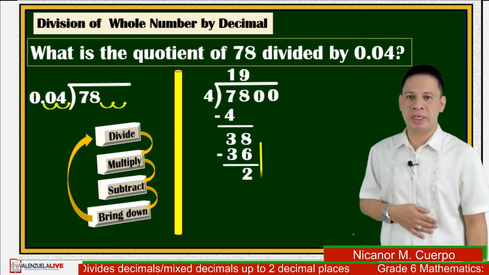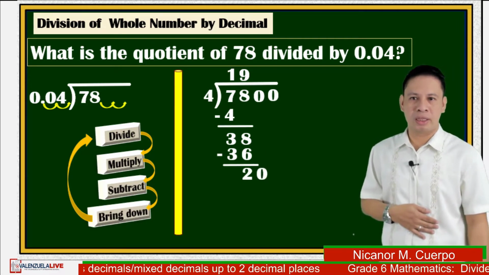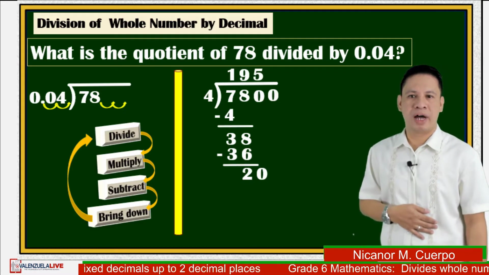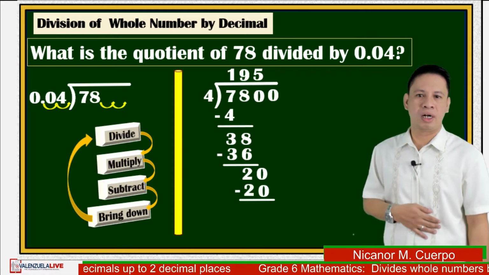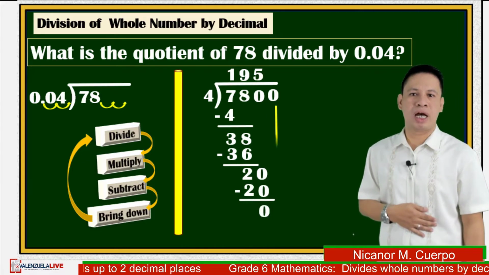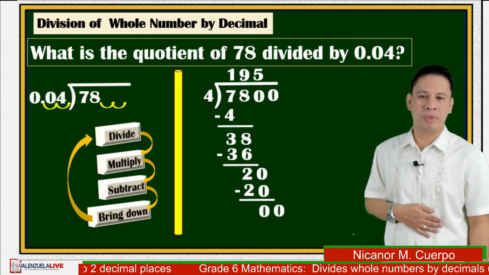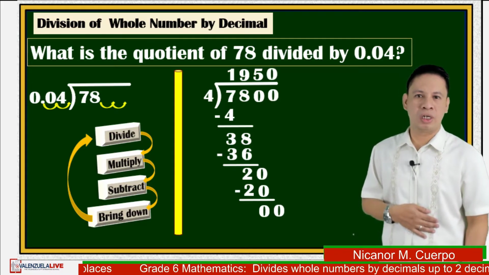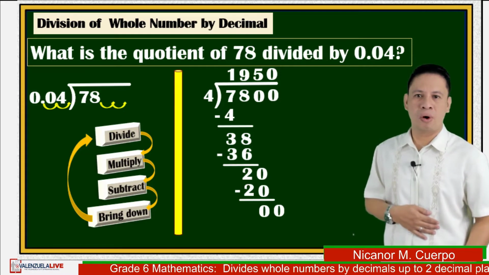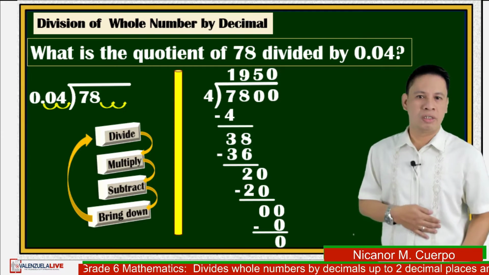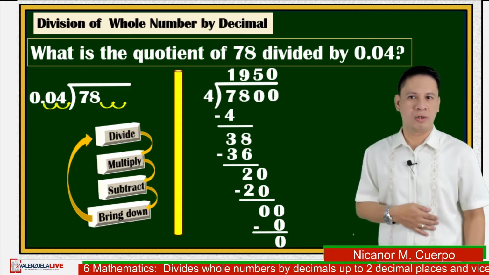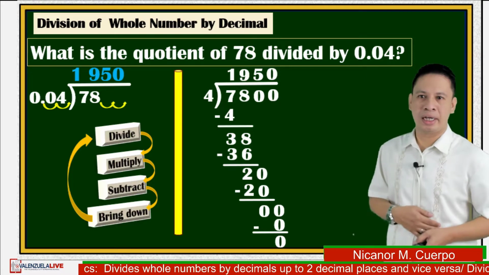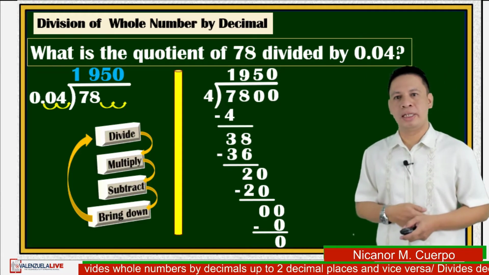Then bring down 0. 20 divided by 4 equals 5. 5 times 4 equals 20. Then subtract, 20 minus 20 equals 0. Then bring down 0. 0 divided by 4 equals 0. 0 times 4 equals 0. Then 0 minus 0 equals 0. So our answer, when 78 is divided by 4 hundredths, equals 1,950.